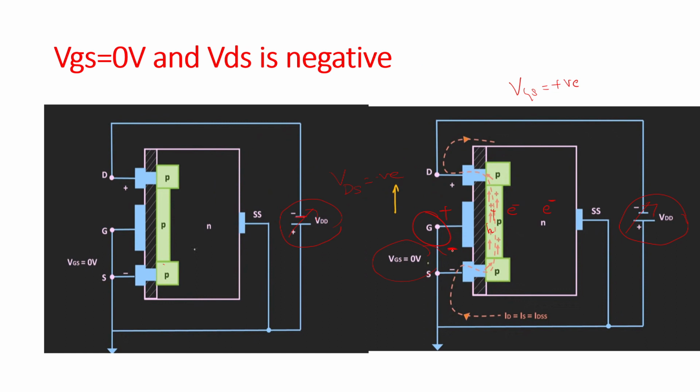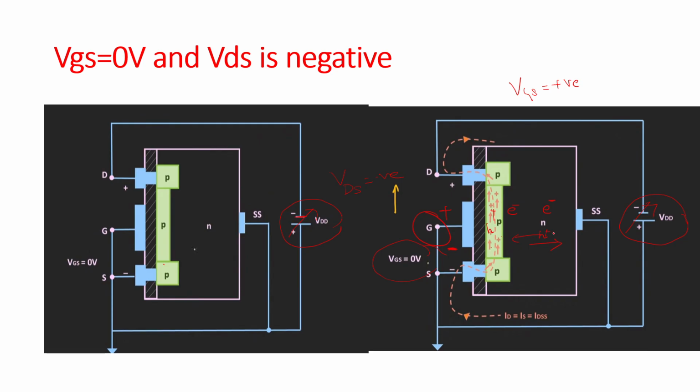Okay, and next when we consider VGS negative, when we apply the negative voltage here, this negative voltage repels the electrons and attracts the holes. So the holes will move towards the channel. Anyhow, this p channel consists of a number of holes as majority.